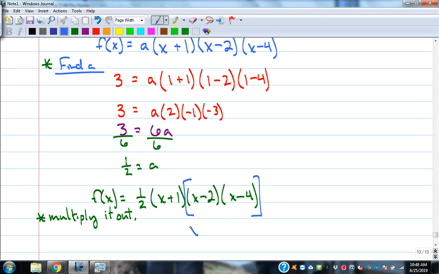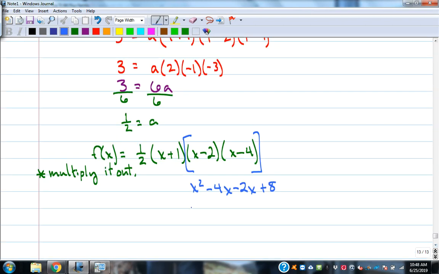So x times x is x squared, negative 4x, negative 2x, positive 8. Negative 4 times negative 2. And then I'm going to simplify that. The last thing that I'm going to do is multiply everybody by 1/2, by the a that I found.